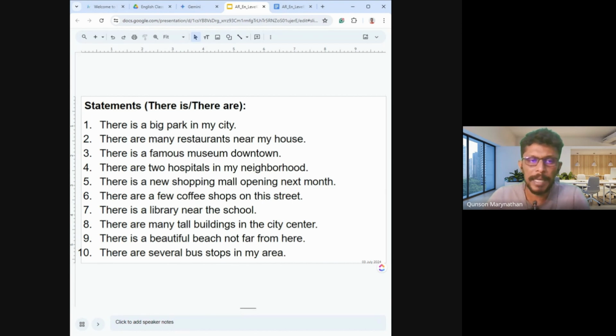There are many restaurants near my house. There is a famous museum downtown. There are two hospitals in my neighborhood.